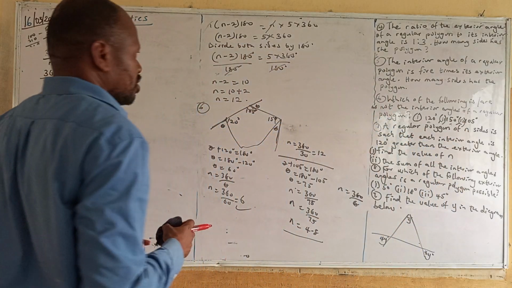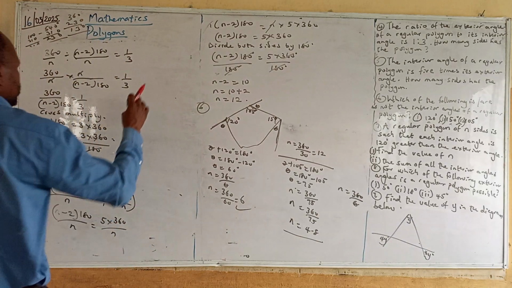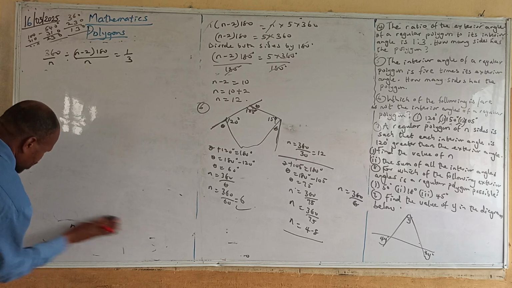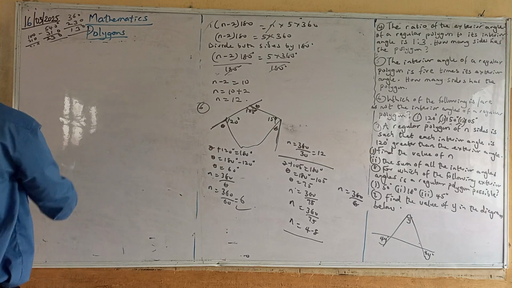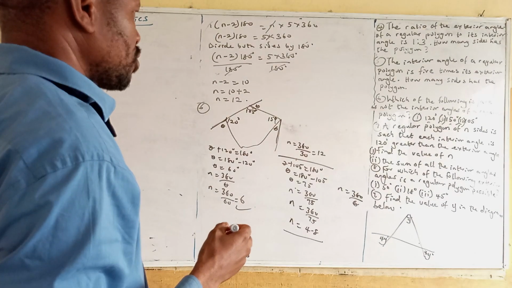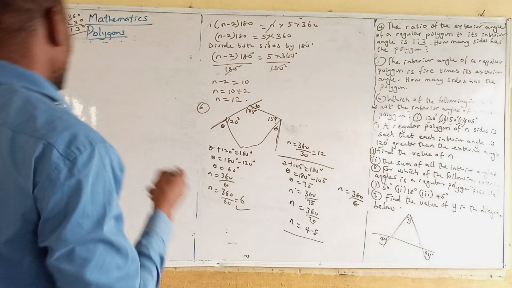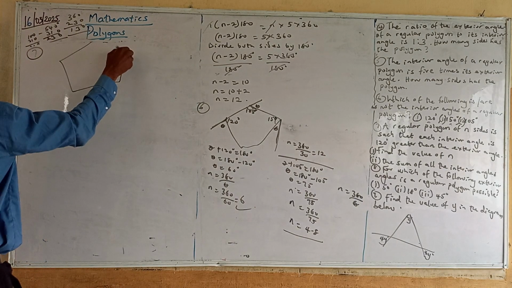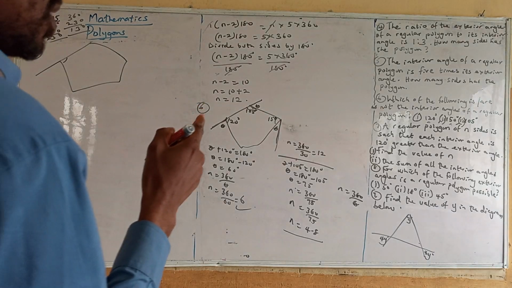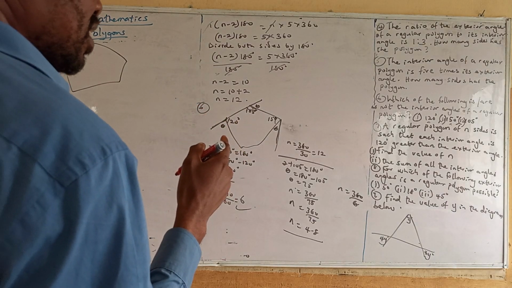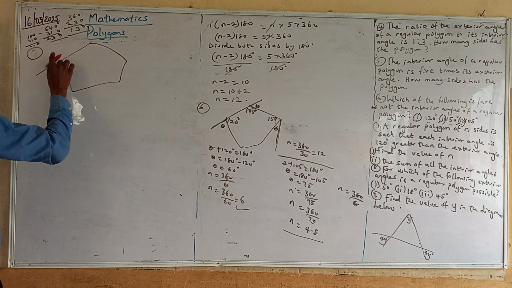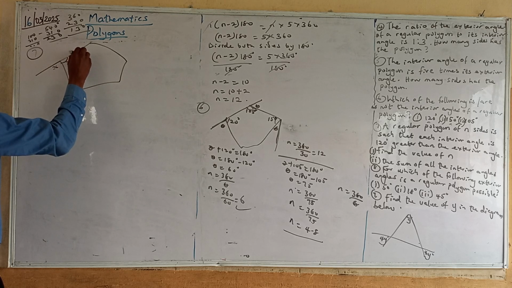Then number 7. A polygon of n sides is such that each interior angle is 120 degrees greater than the exterior angle. If the exterior angle is s, the interior angle will be s plus 120 degrees.